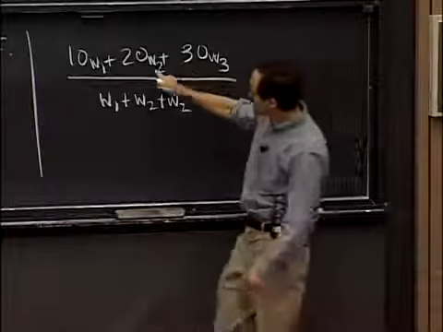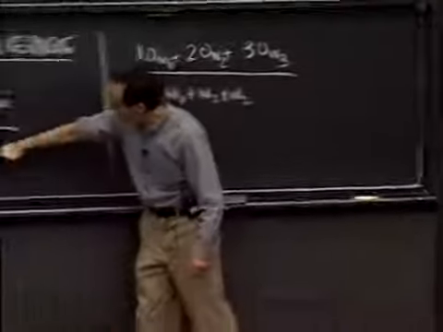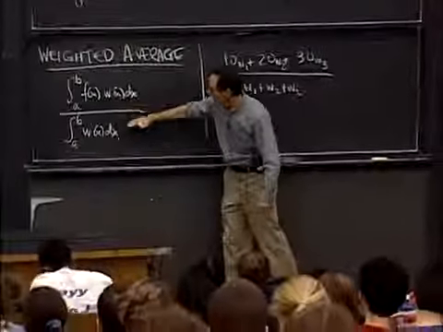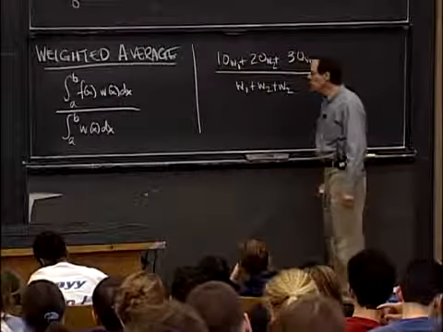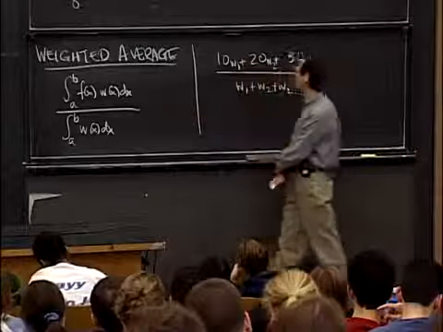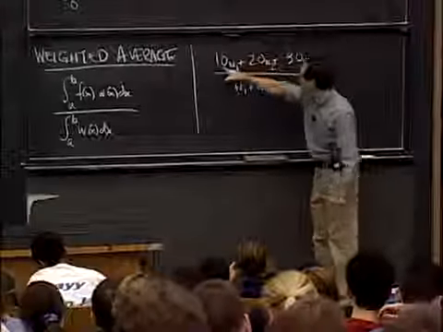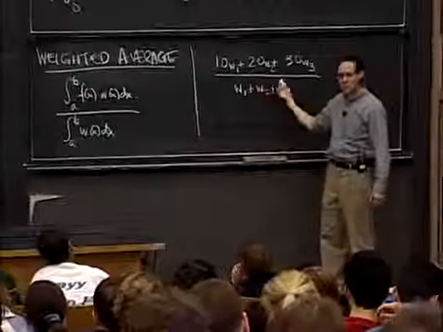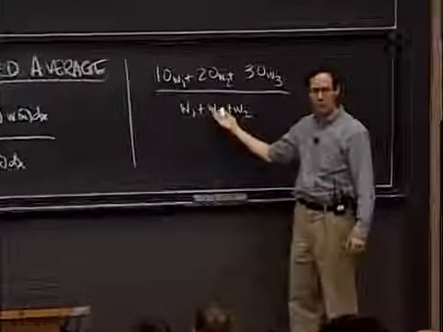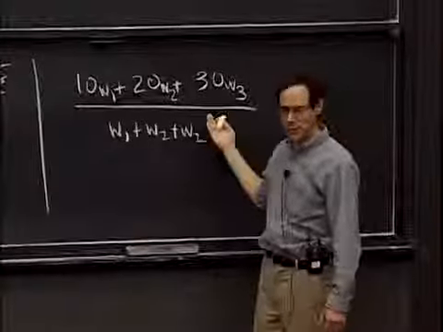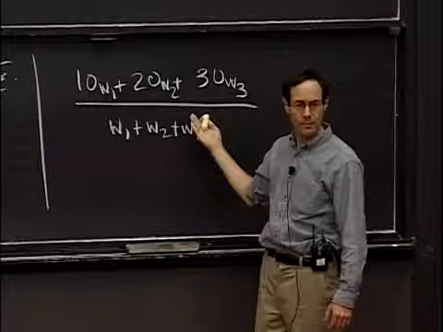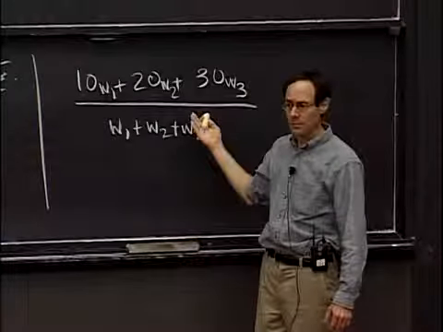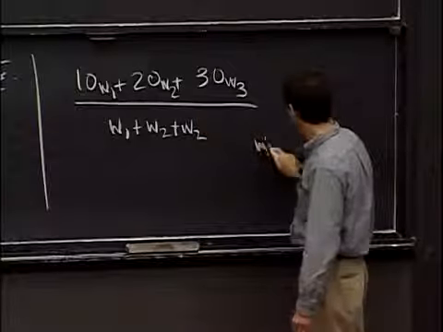And this is the discrete analog of this continuous averaging process here. The function f now, so I use w for weight, the function f now is the function whose values are 10, 20, and 30. And the weightings are the relative importance of the different purchases. All right, so again, these wi's are weights.